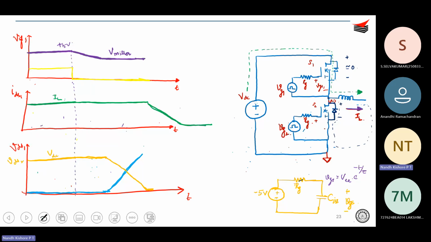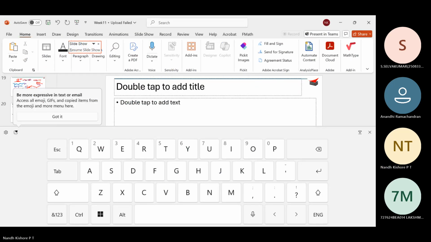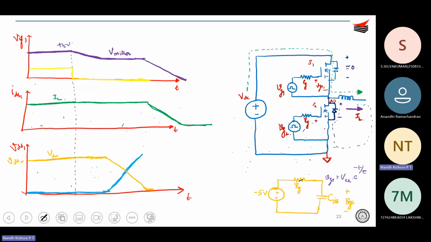Is this agreed by all of you? Yes. Yes, sir. Anandi, are you able to understand this? How this has happened? Yes, sir. So this is the opposite of your turn on. So this is the opposite phenomenon of turn on.